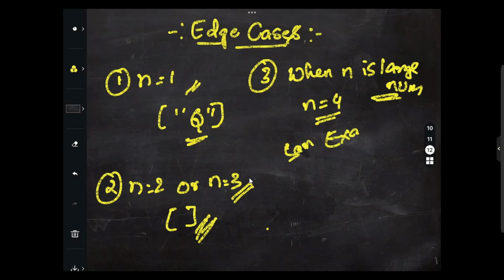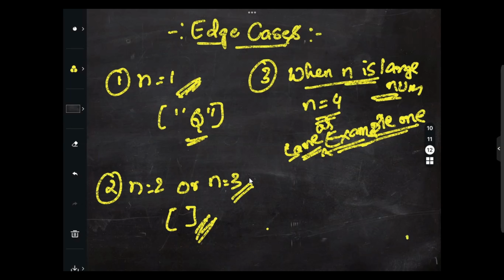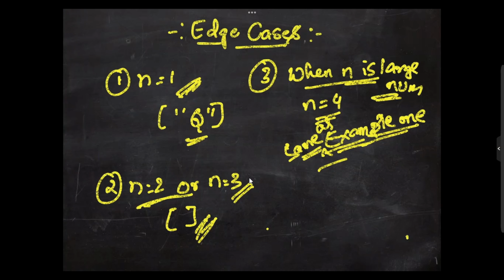This is the same as the example that we visualized, the same as example 1 that we saw in the question they have given. We saw n equals 1, the second one was for n equals 2 or 3, and the third one is for when n is a large number. The output is the same as for example 1. That's what we saw in the approach.